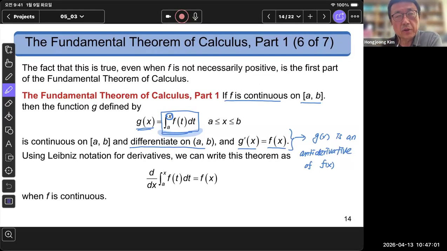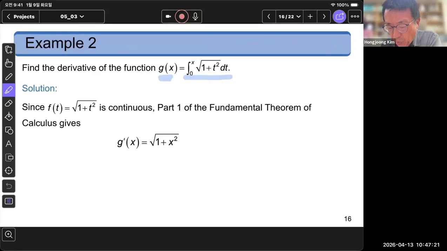Part 1 of the fundamental theorem says this g(x) is an antiderivative of f(x). What is f(x)? f(x) is the integrand of this definite integral. This is a square root function. So the square root of 1 plus x squared is the derivative of this g(x). That's what part 1 of the fundamental theorem says.